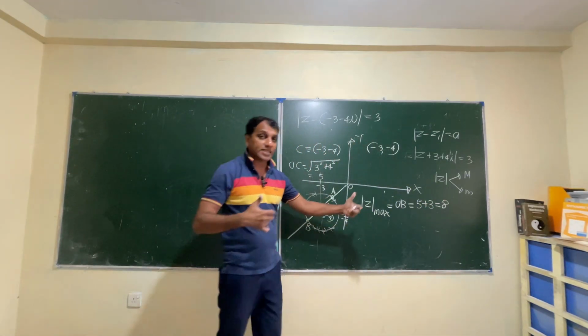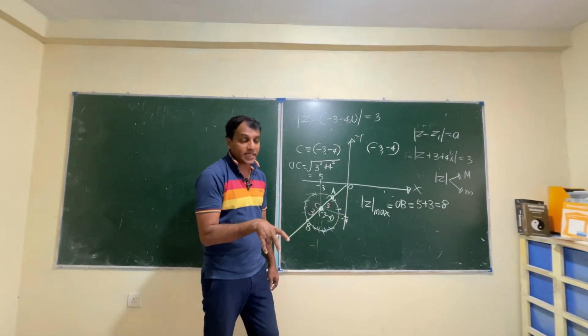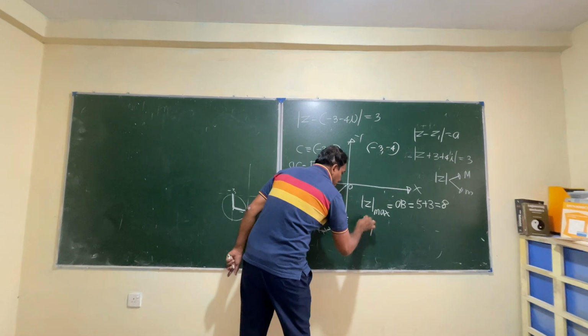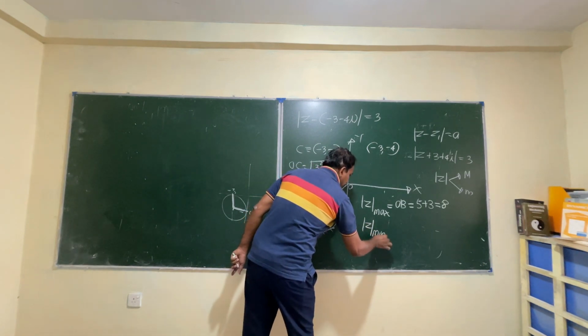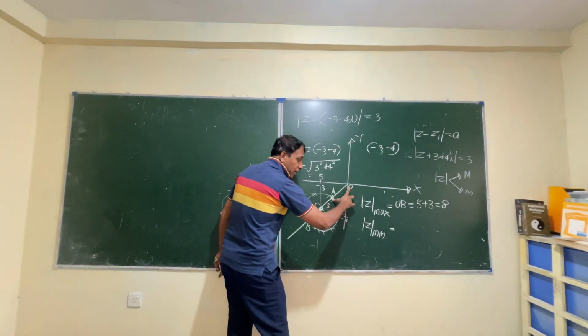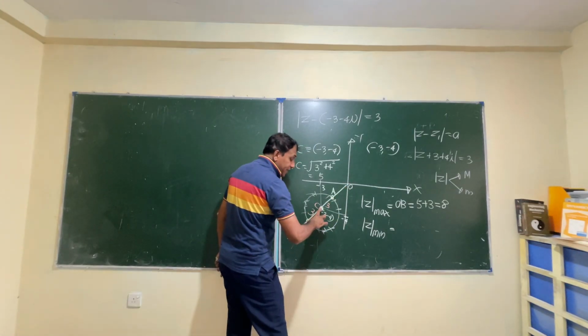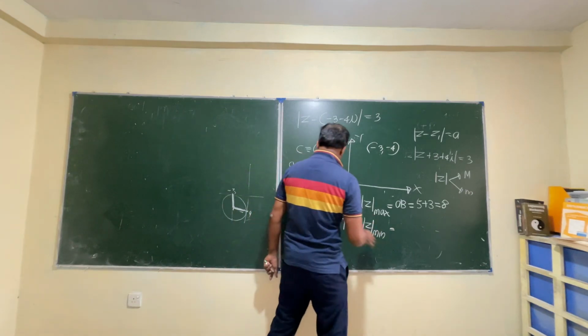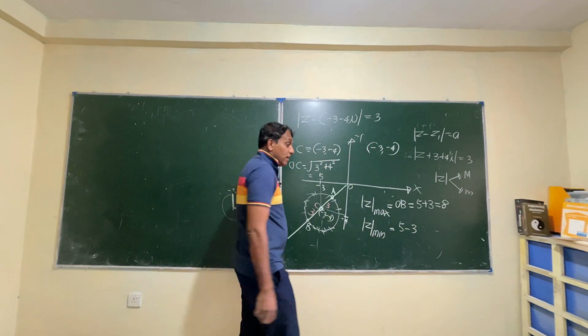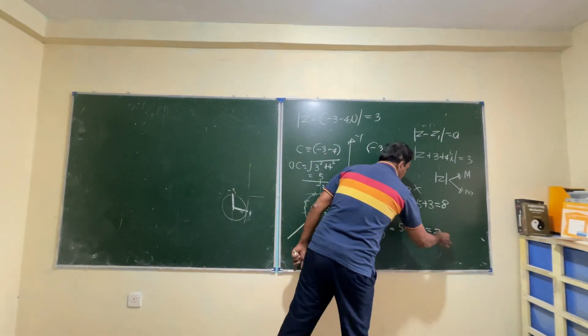So the biggest distance from the origin to the complex number Z is 8 units. Now take Z minimum, somewhere here. That is OC minus radius. OC is 5 minus radius 3, therefore 2. Okay, that's all.